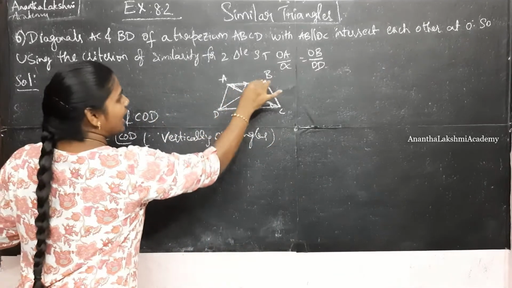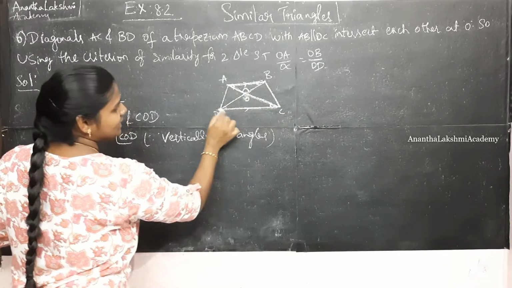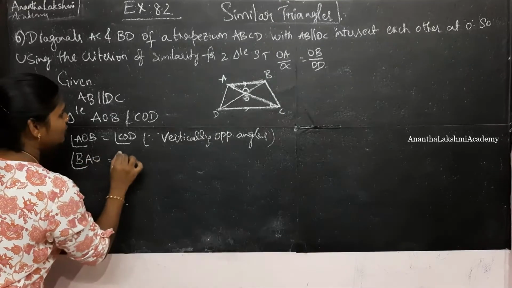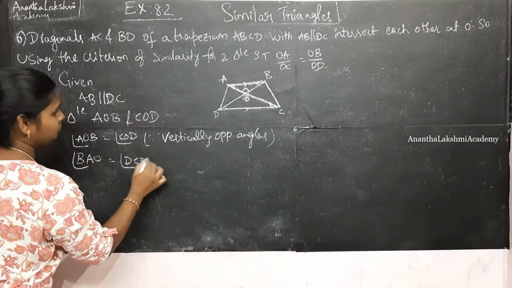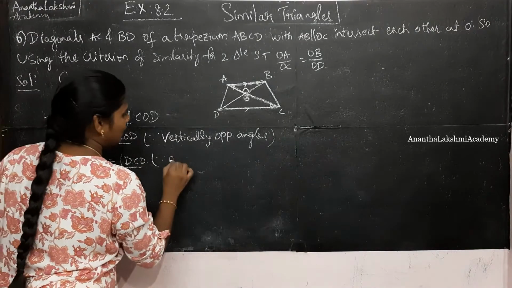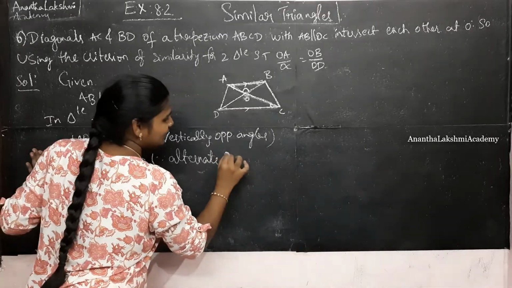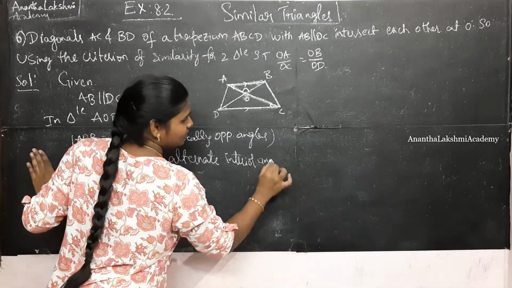Likewise, angle BAO is equal to angle DCO. This is nothing but what? Alternate interior angles, since these are alternate interior angles.